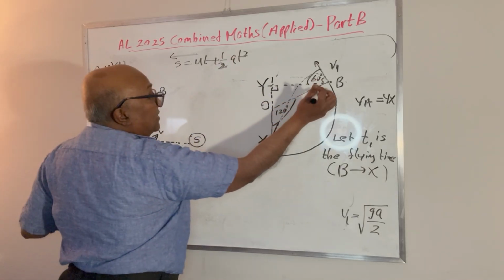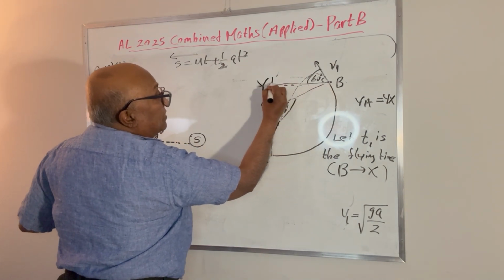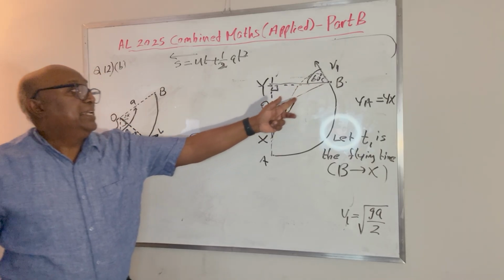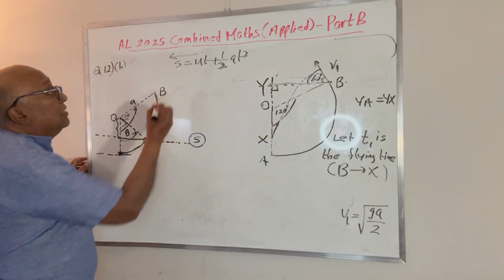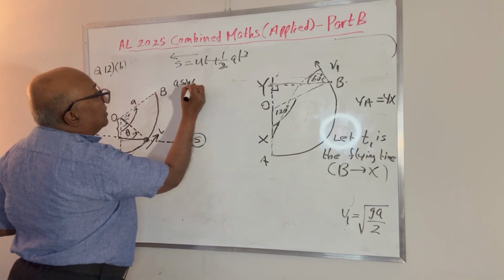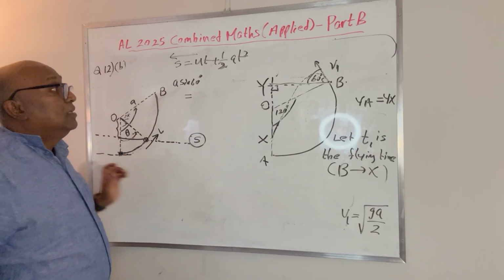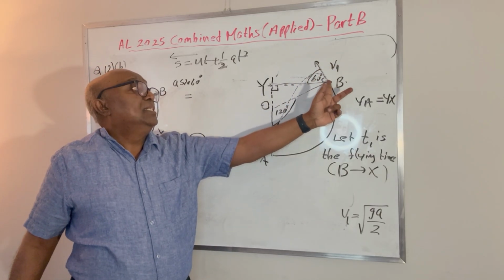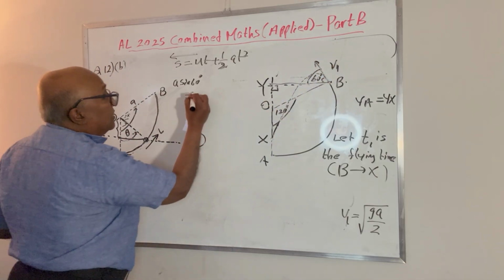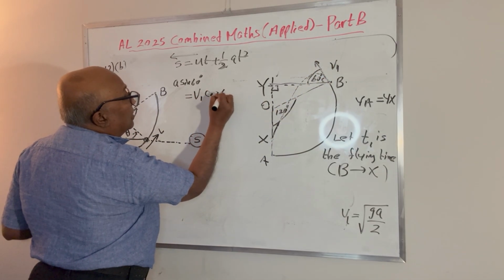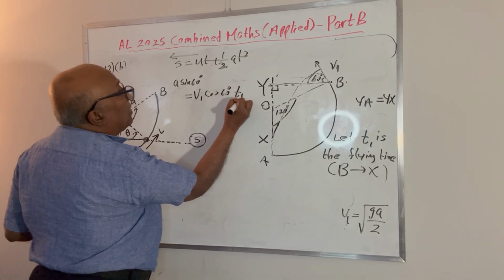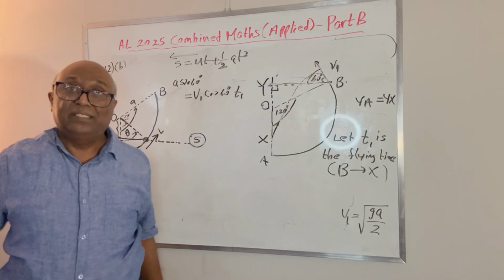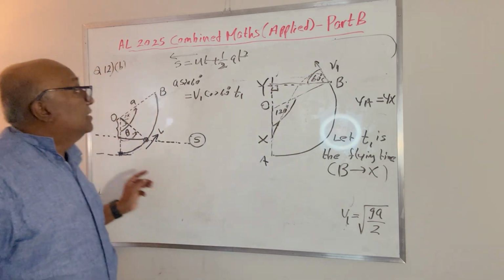What is s in this direction? This horizontal distance, a sin 60, equals u, the horizontal component of V1, V1 cos 60, times T1. a is 0 because gravitational acceleration acts in the downward direction, with no component in the horizontal direction.